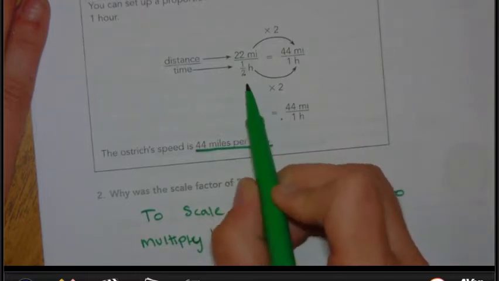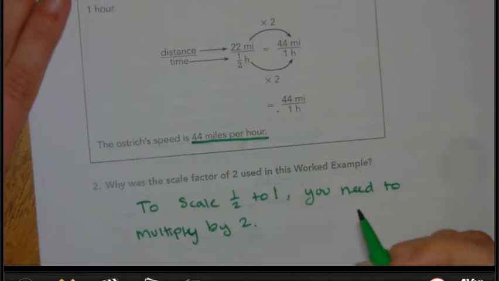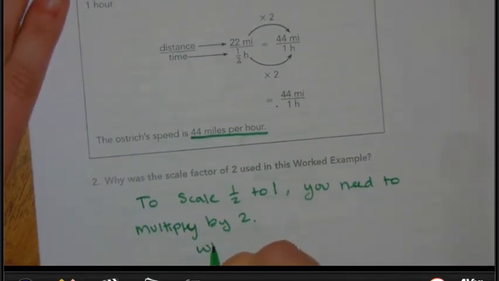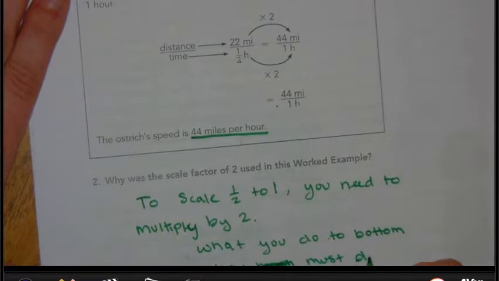Okay, because 1/2 is twice the amount of 1. All right. And then I'm going to say this. You will hear this a lot. What you do to the bottom, you must do to the top.